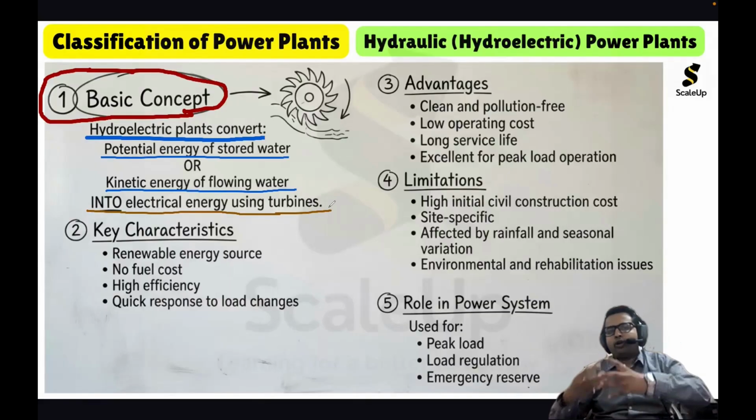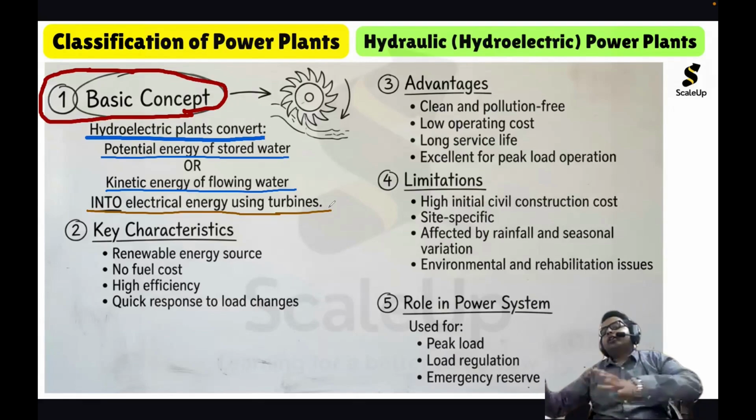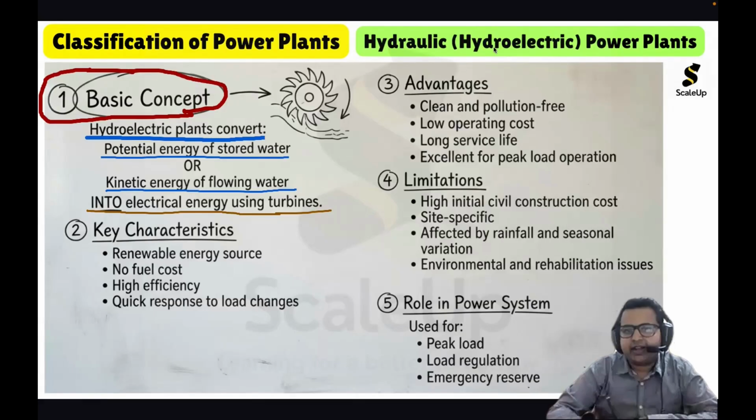So in a hydroelectric power plant, either the potential energy of the stored water or the kinetic energy of the flowing water is responsible for rotating the turbine. The turbine generator will generate the electricity. That is how electricity is generated in a hydroelectric power plant.